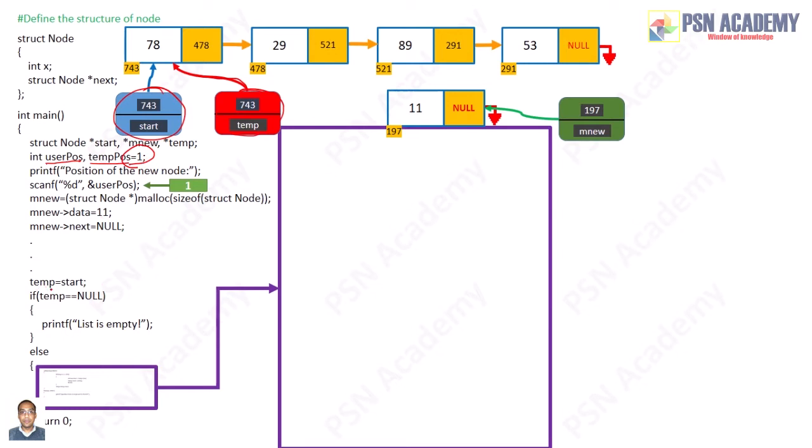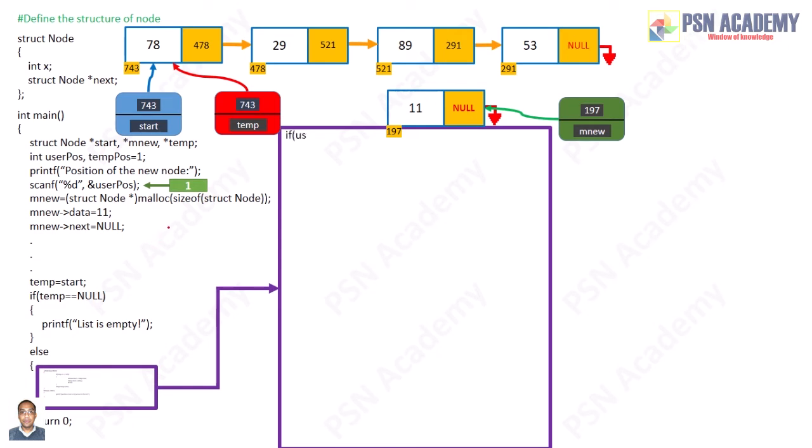Now you see that temp equal to start. Now if temp is null, then the list is empty, and that's a normal business we have used several times. Now it matters with the else part. The temp is not null, that means there is a valid list there and start is pointing to the first node of that list.